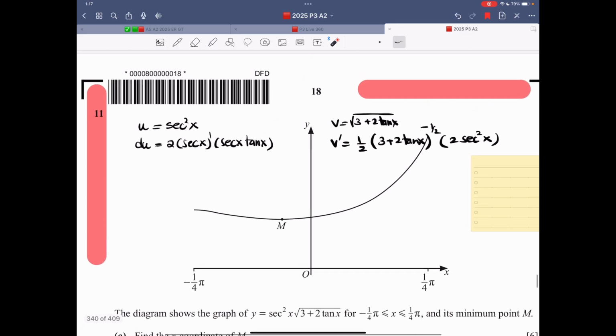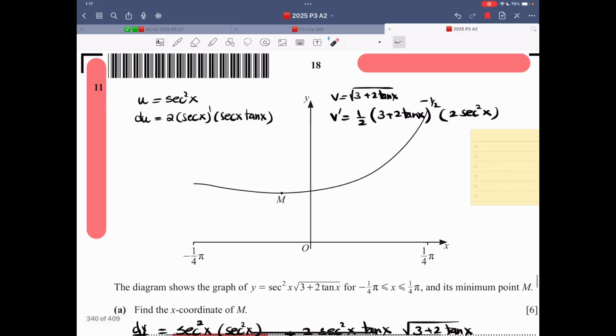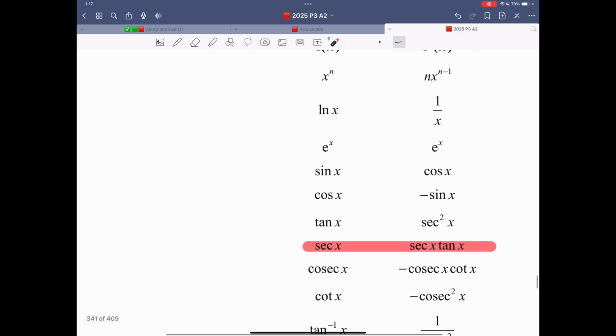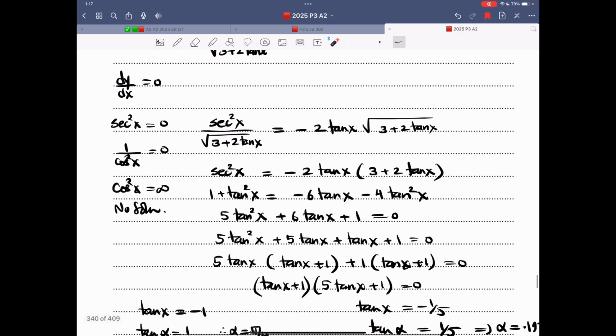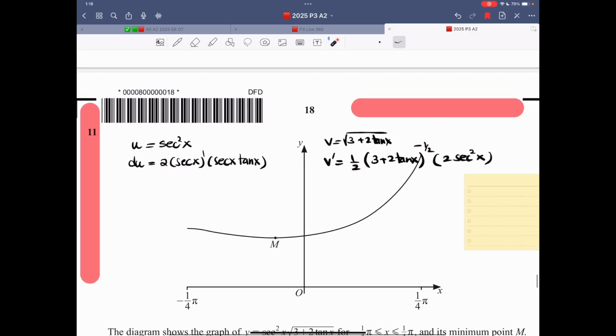So now over here, u is sec square x, derivative of sec square x. Now this is not a standard thing, but we talk only about sine, cos and tan, but in the new formula booklet they have written it. So therefore the derivative of sec is sec x tan x. Now we are applying the chain rule over here.